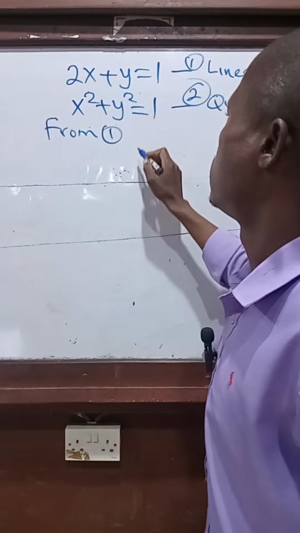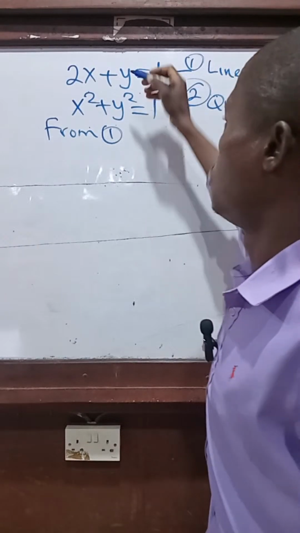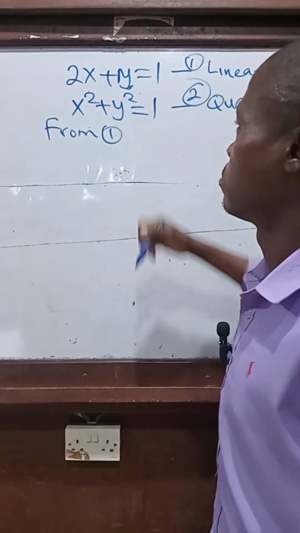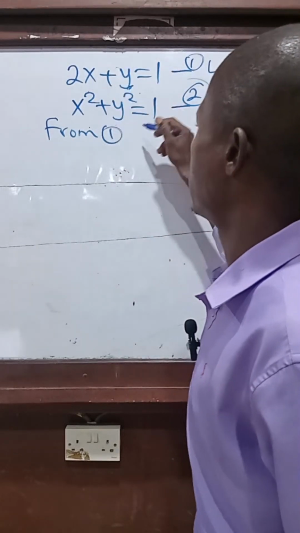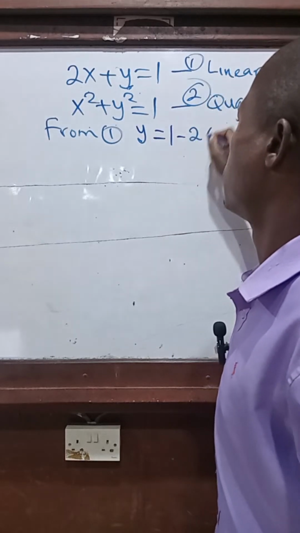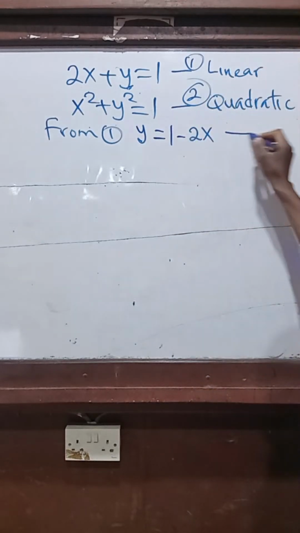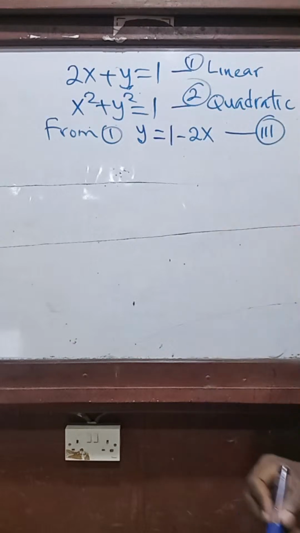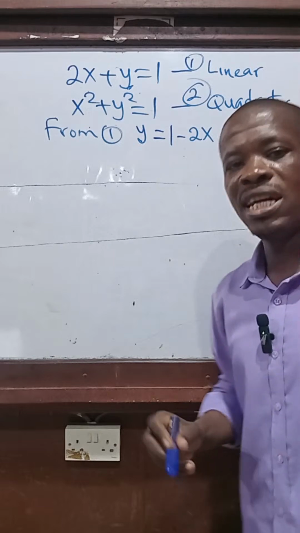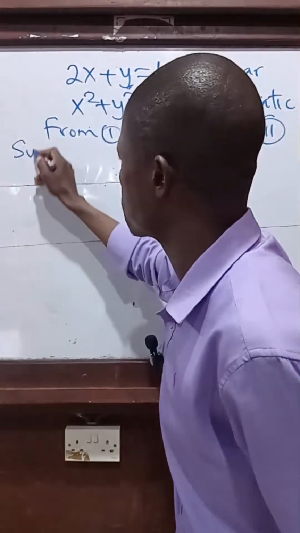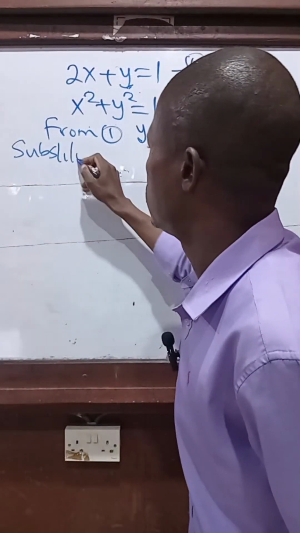So from equation 1, as I've told us, look for a variable that has coefficient 1. So make y the subject, and call this one equation 3. Then after that, do your substitution.